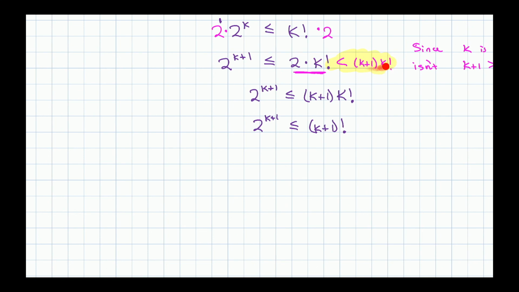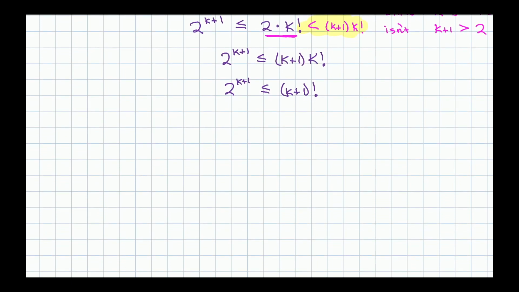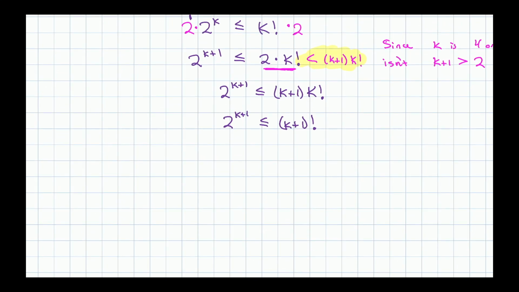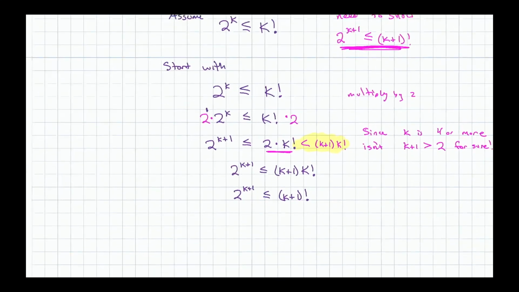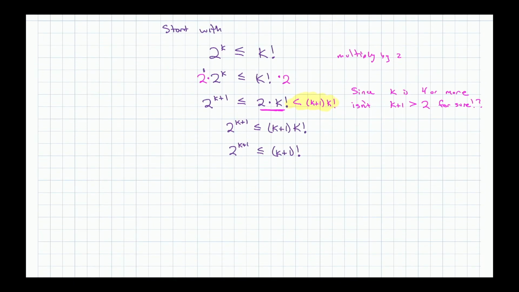Once I realized that it was smaller than this, I only want this and this, and I don't care about the middle one anymore. So we did it. 2 to the k plus 1 must be less than or equal to k plus 1 factorial. It's actually strictly less, but I don't care. So that's the thing we were trying to prove for the induction step.